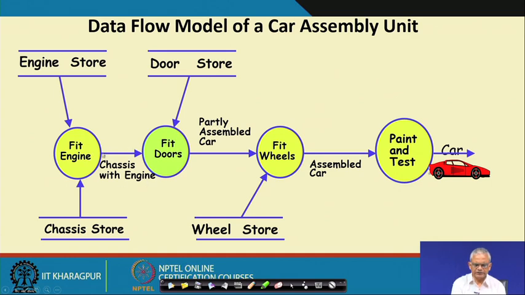The chassis with the engine goes to the next processing station, and here the doors are obtained from the door store, and to this chassis with engine the doors are fitted, and this we call the partly assembled car. And then to this the wheels are fitted by taking the wheels from the wheel store, and then we have the assembled car. This is painted and tested, and the final output is the car.